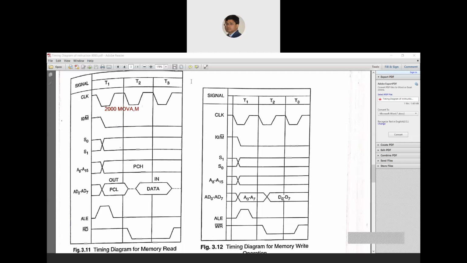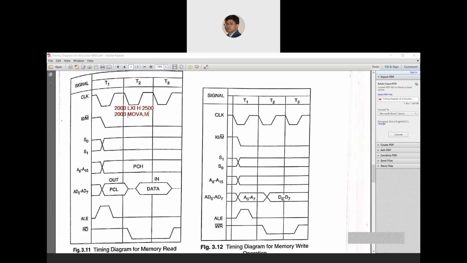Suppose at 2000 location you have written LXI H 2500. Then at 2003 you are writing MOV A comma M. So actually your HL pair is containing 2500 value, and at the 2003 you are writing MOV A comma M.